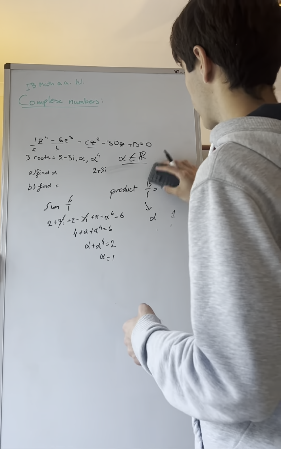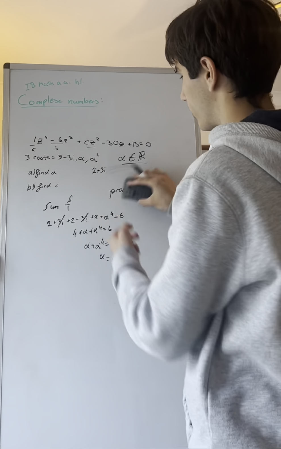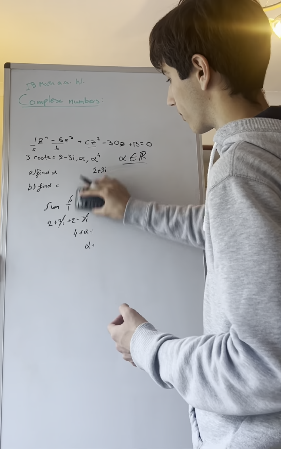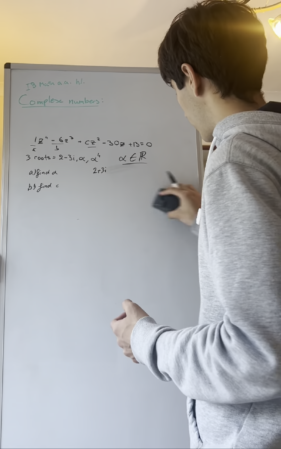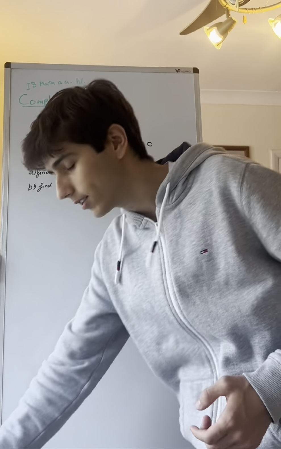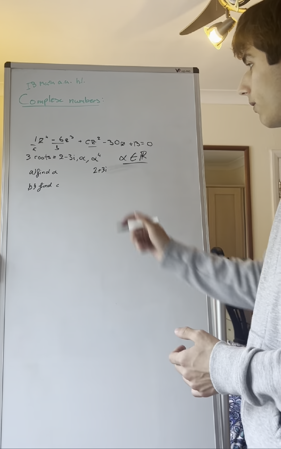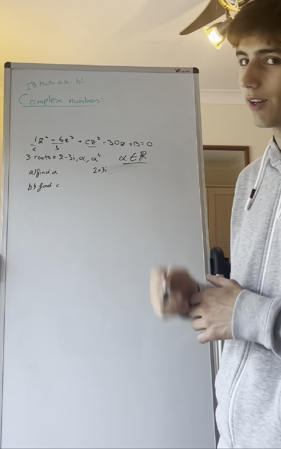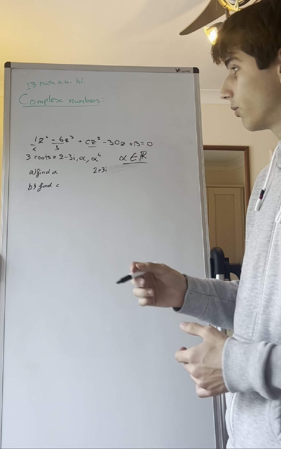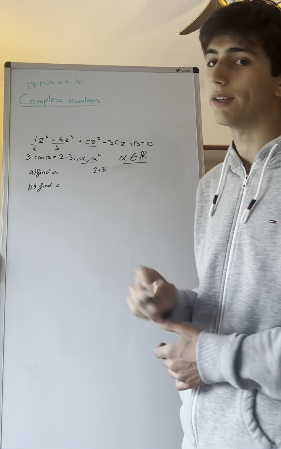So now it asks us to find c, which is the coefficient of the z² term. And for this, alpha being 1 means that alpha and alpha to the 4th are the same thing, which means that this is going to be a repeated root.